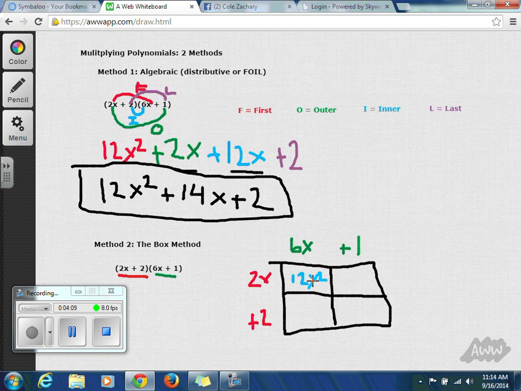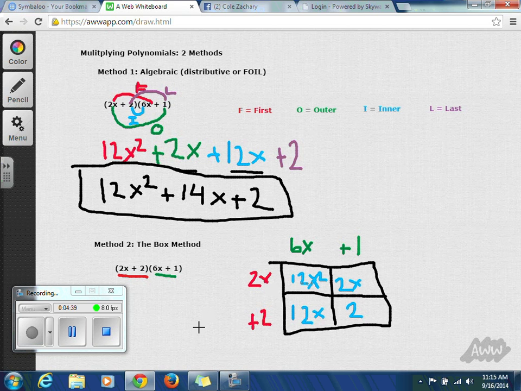Okay, 2x times 1 gives you 2x. 6x times 2 gives you 12x. And 2 times 1 gives you 2. If you start to notice some similarities and differences, all four of these numbers still appear. It's just instead of writing them out algebraically, we've used a visual to help us do that.